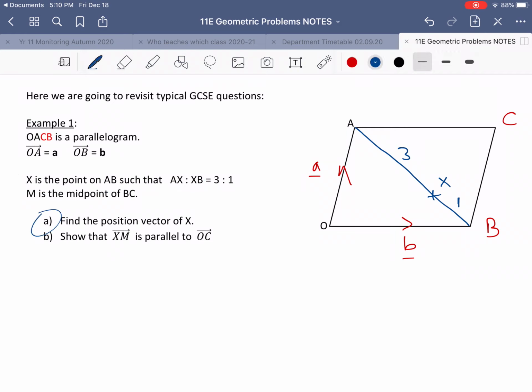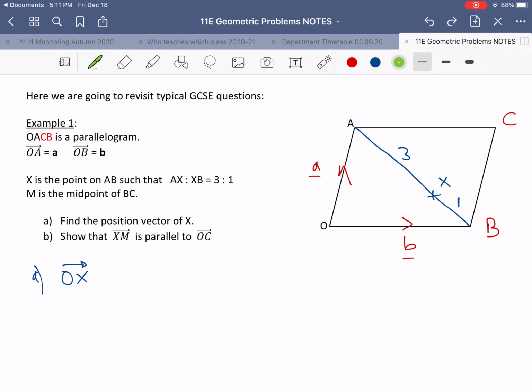So question A, find the position vector of X. Well, the position vector is from the origin. So what we're trying to find in question A is from the origin to X. So we want the vector O to X. Now to get from O to X, you can go 2 different ways. You could go along here and then up, or you can go along up there and then down that way.